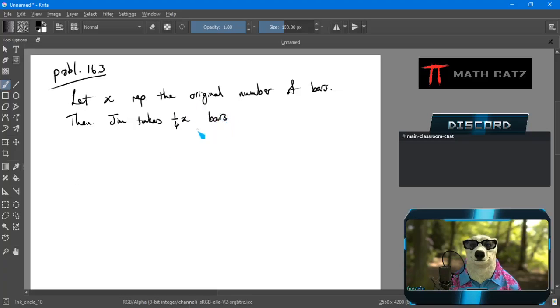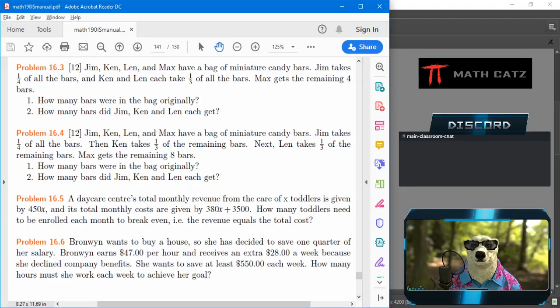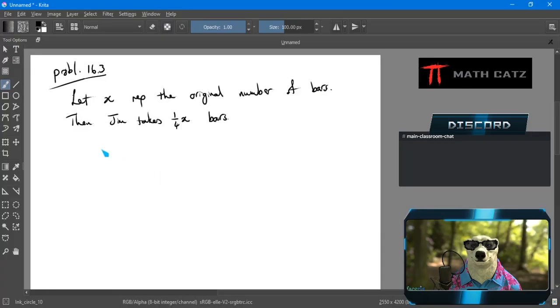But this is a number of bars. Ken and Len each take 1/3 of all the bars. So Ken takes 1/3 of X, that's multiplication. And that is my algebraic expression to represent the number of bars that Ken takes or gets, whatever. And was it Len? Yes. Also takes 1/3.